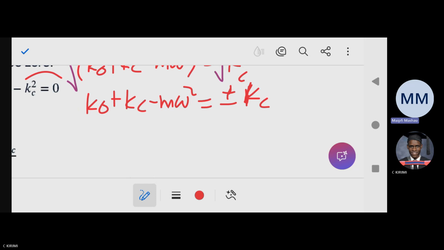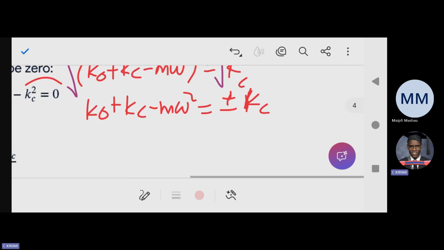Then we divide by negative m on both sides, and we are left with omega squared, and then we introduce the square root on both sides, and we are left with omega, which is also the same by just saying K naught plus Kc, then take plus or minus Kc to the left.